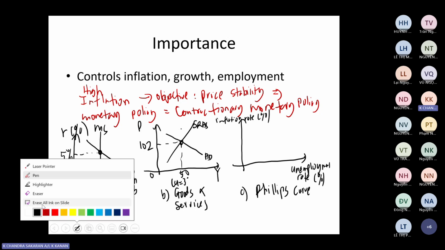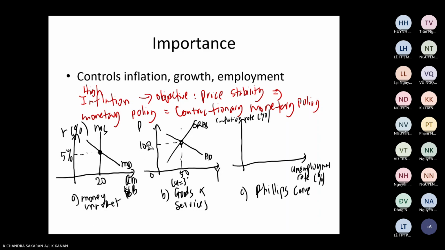Index, I put high index, because in very high inflation. Let's say index is 110. Unemployment 3%. So 110 meaning inflation rate is 10% from the base year. Unemployment 3%. Okay, you got this point.